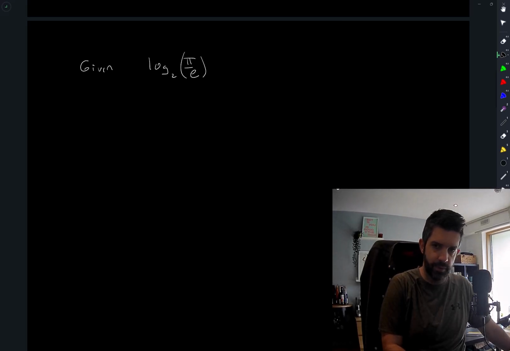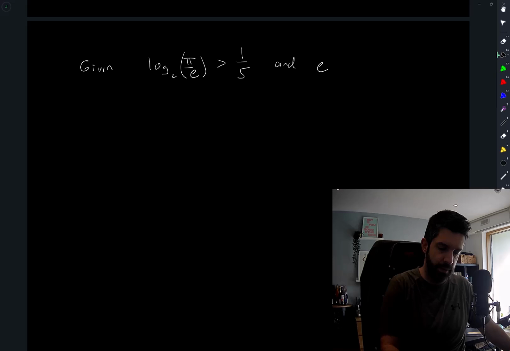Okay, the second part of the question is given log base 2 of pi over e is greater than 1 over 5, and e squared is less than 8.